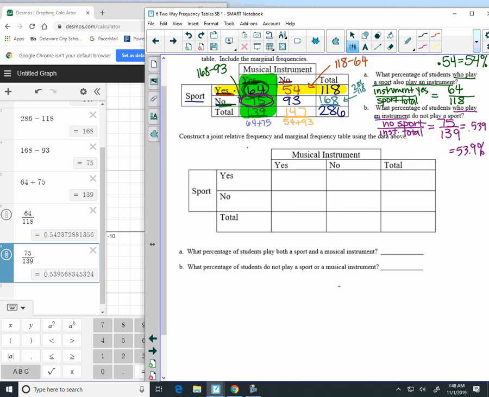So we're going to do, for this first, yes sports, yes musical instrument, we're doing our number over our total. Oops, sorry. And then you're going to put all these numbers into your calculator.